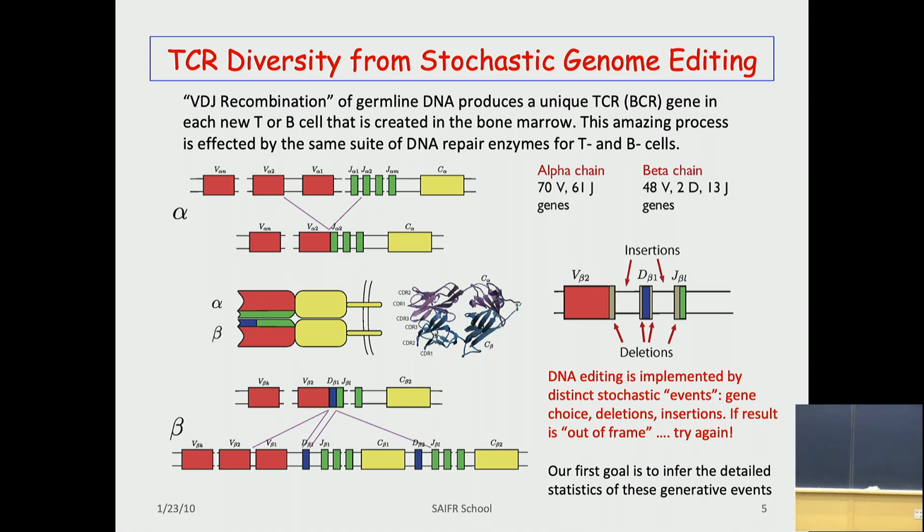So the idea was to generate what amounts to a null model, something that can be used to create ensembles of sequences of T cell receptors that are statistically identical with those produced by the process that goes on in the stem cells that are producing the T cells and B cells in your body.